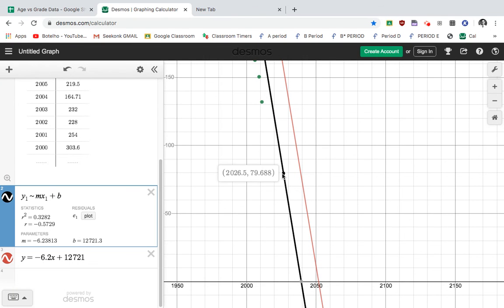If I go here, that's way into the future. 2021, according to this, it's right about there. It has 116. I feel like I did something wrong. Maybe my rounding messed it up that much. Maybe I shouldn't have rounded that much. Negative 6.2x plus 12,721. I don't know. I'm going to go with it.